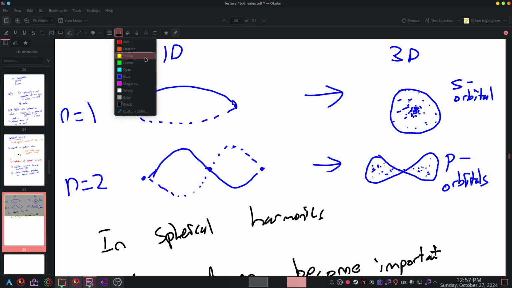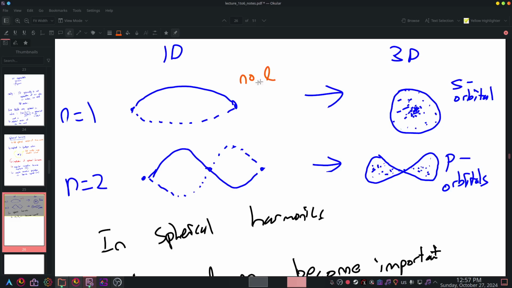What I'm drawing here is kind of an oversimplification, but I hope it helps you get an idea. Over here, there's no l. Here, l becomes a factor. In the lowest, n equals 1, l equals 0, so this is the s orbital.